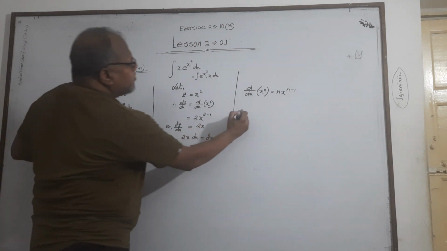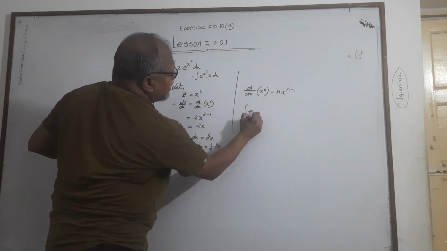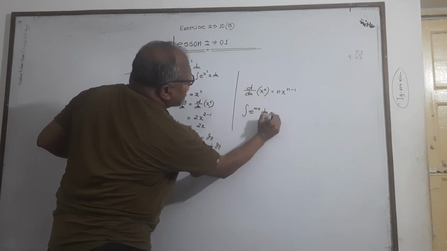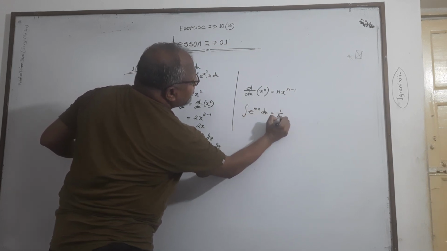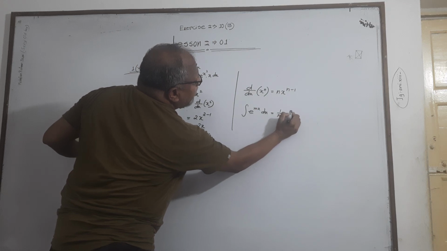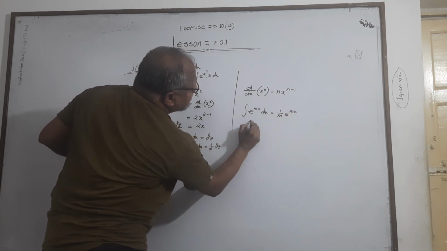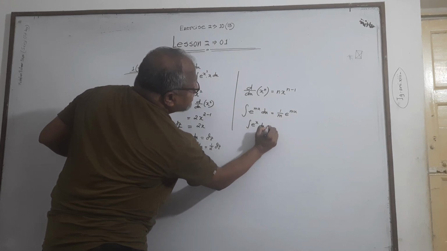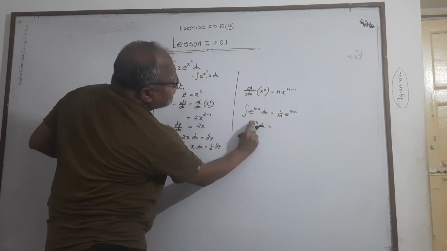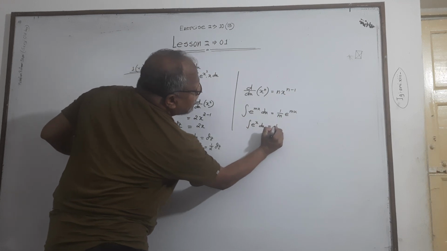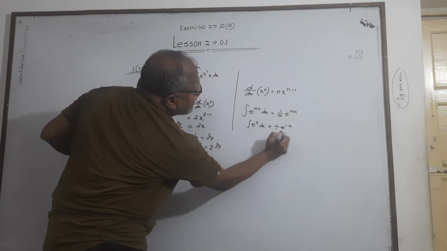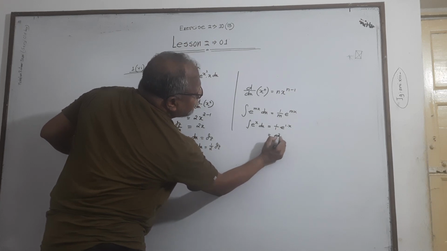because the formula is integration of e to the power mx dx equals 1 by m e to the power mx. Similarly, for e to the power x dx, the value of m is 1, so I can write 1 times 1 into e to the power 1 into x, that is e to the power x.